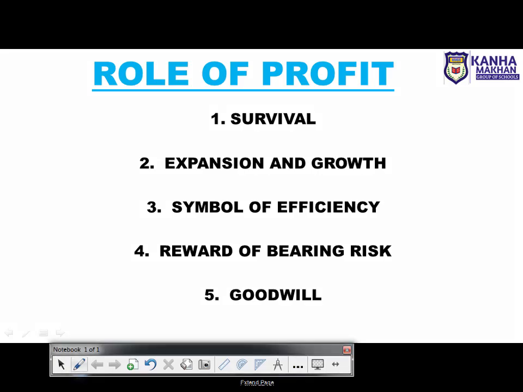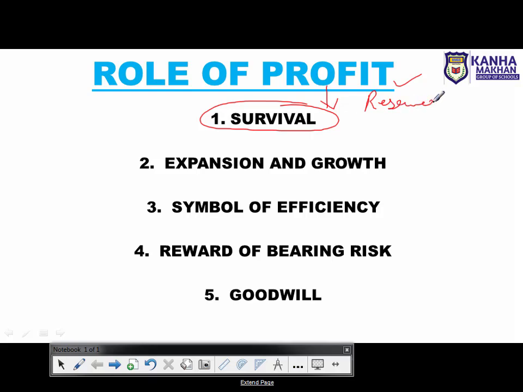Okay, so these are the points which you can see on your screen. The first one is survival. Why is profit important, or what is the role of profit in a business? The profit is actually used for the survival of a business. Why? Because whatever profit is generated, a businessman will keep some of the profit as reserve.